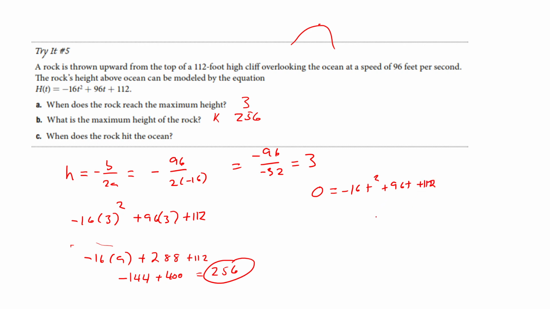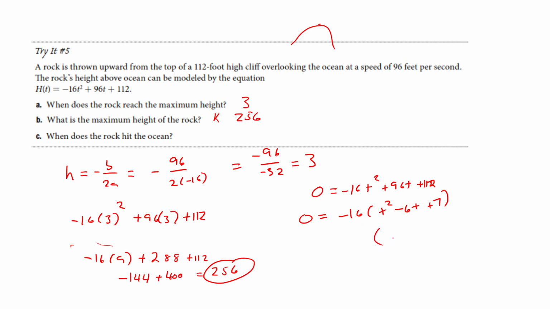I'm going to check something real quick here. You can actually pull out negative 16 out of this. I want to see if this can be factored. So instead of doing the quadratic, I'm pulling a GCF out, which is negative 16.